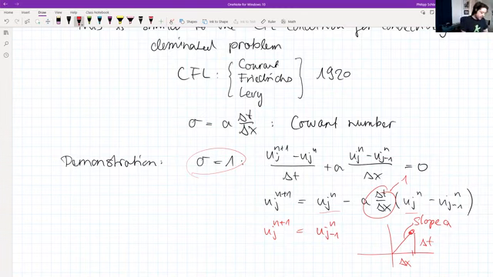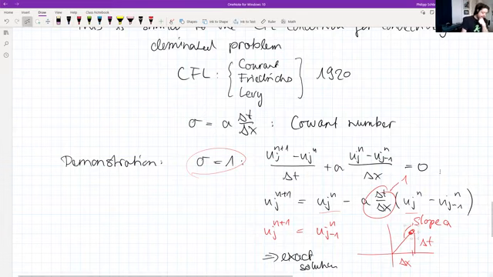So that means that this would actually give me the exact solution of the partial differential equation. So I have here a way of getting the exact solution by means of my discretization. So if I choose in my code sigma to be 1, I will recover the exact solution.